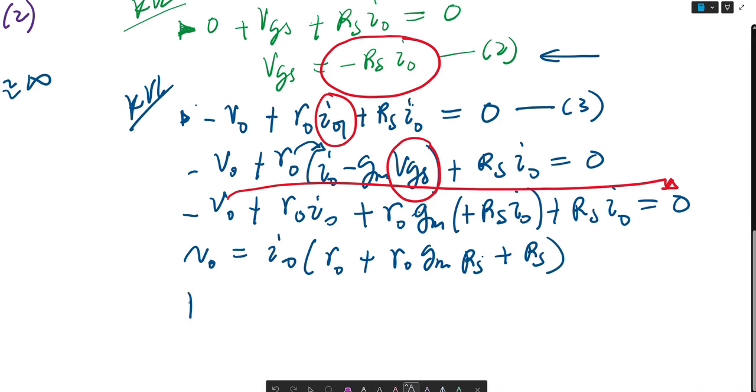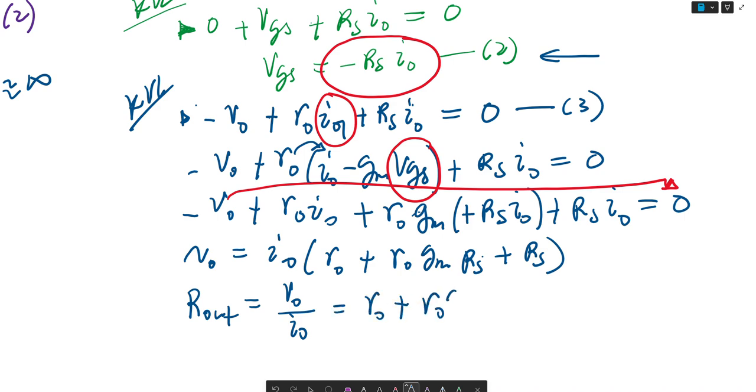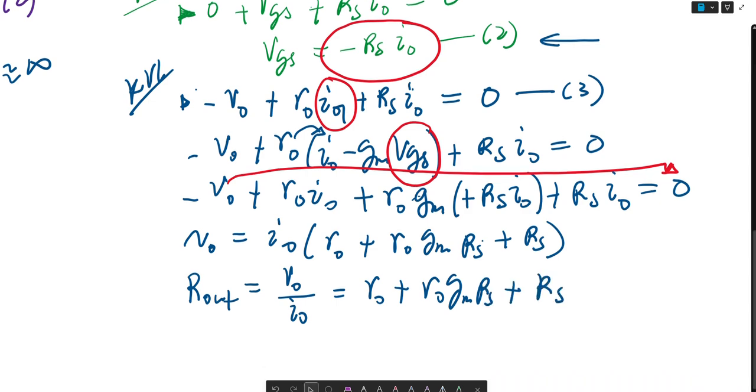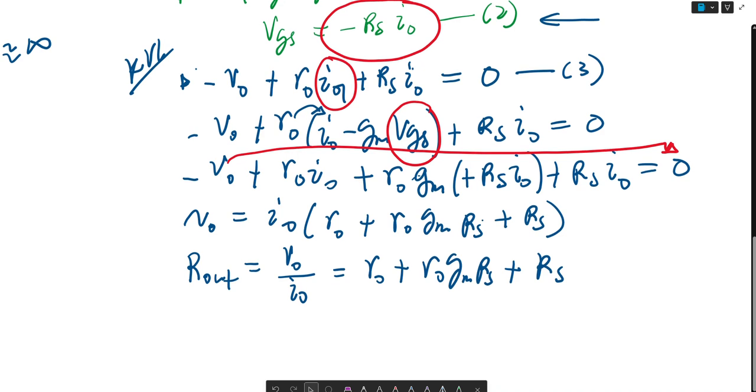So then now R out, which we said was equal to VO over IO, is equal to RO plus RO GM RS plus RS.